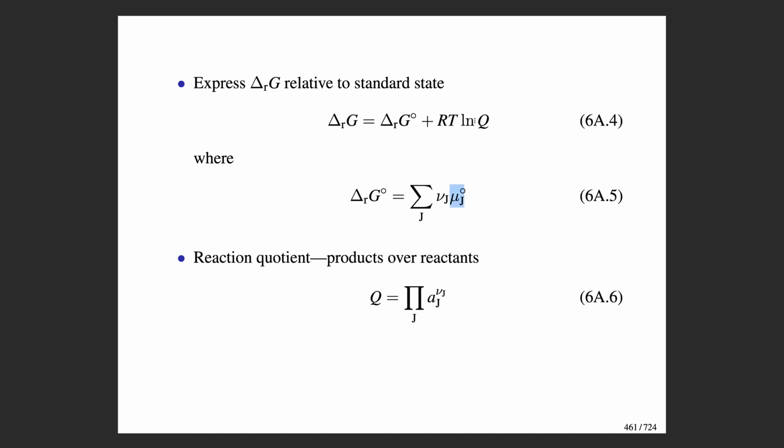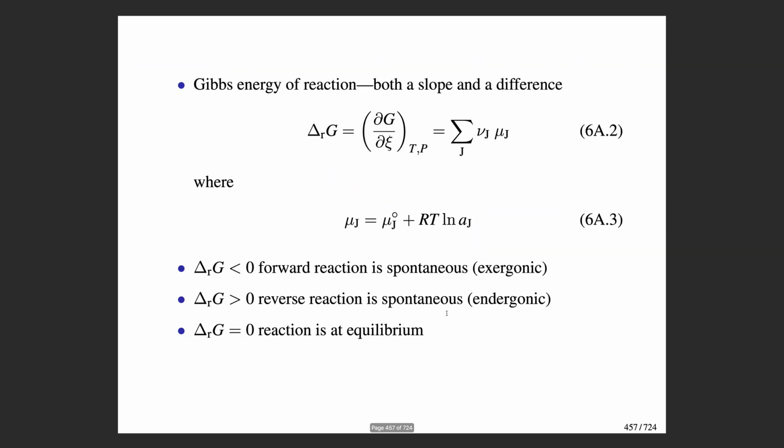And then what's left behind is this correction factor involving the activities. And just to show you where this is coming from, I'm taking this definition of delta G, which you have here, and substituting in this expression for each of those.